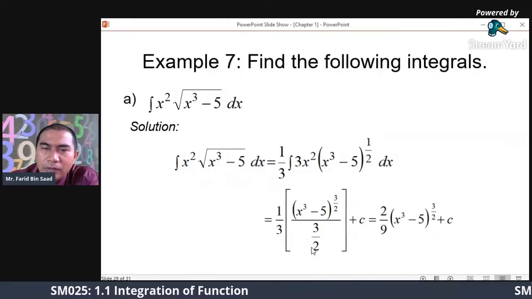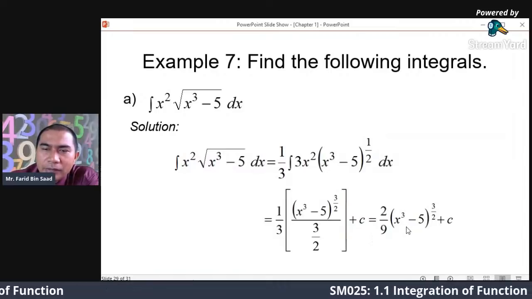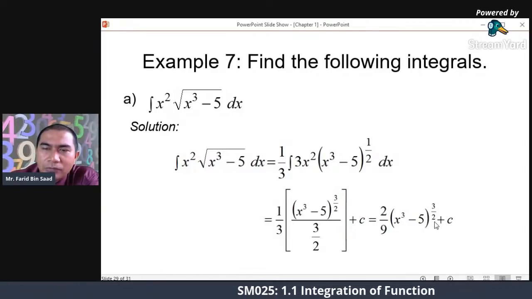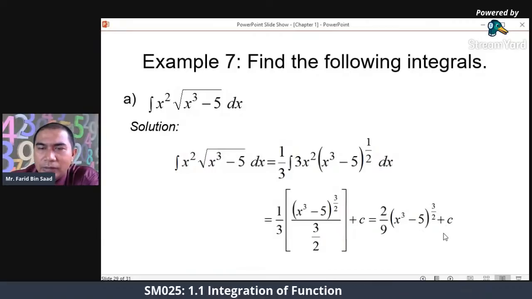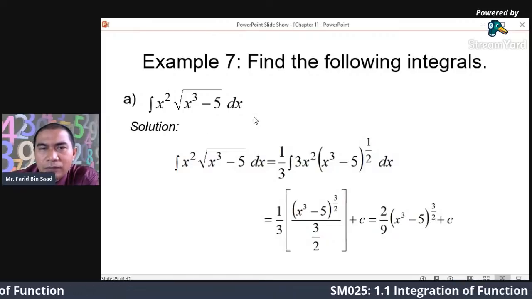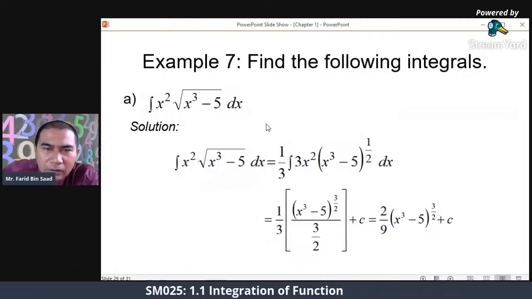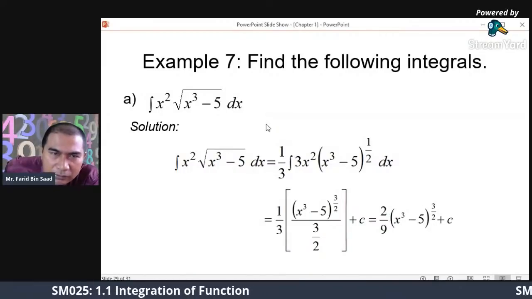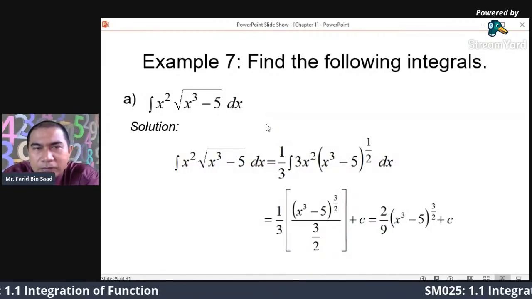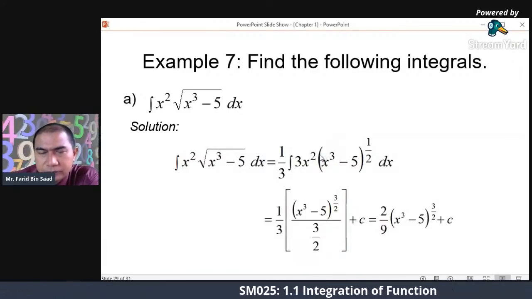Then we simplify it, we get 2 over 9 times x cubed minus 5 power of 3 over 2 plus c. Please don't forget, you want to change the form of the question, and make sure it's same as the question. Okay. Next.